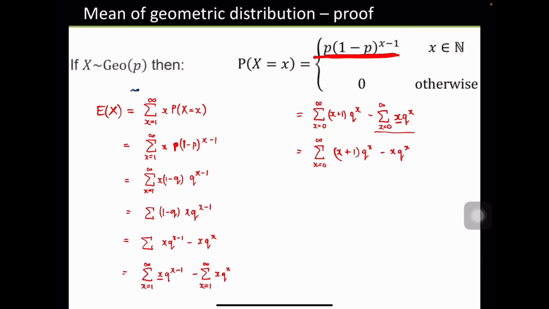That equals x, q to the x plus q to the x, take away x, q to the x.